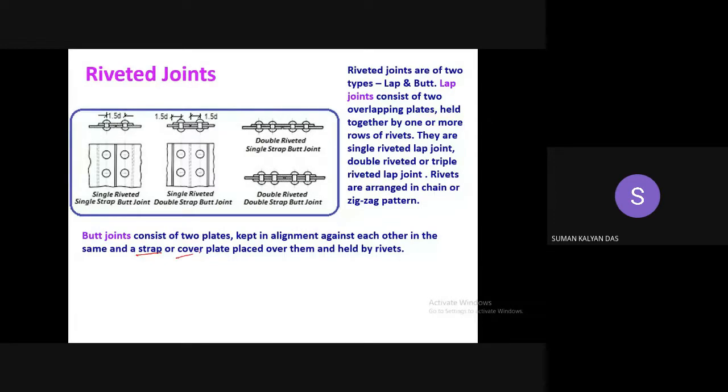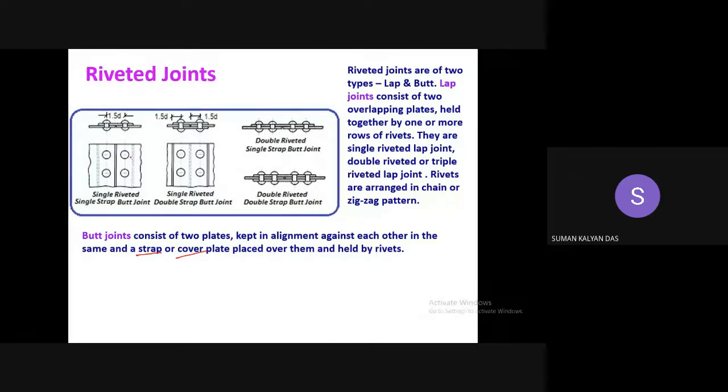Strap or cover plate, whatever you name it, both mean the same thing. So you have this third plate which produces the overlap between the two original plates, and finally you rivet the overlapping area and you join the original plates.